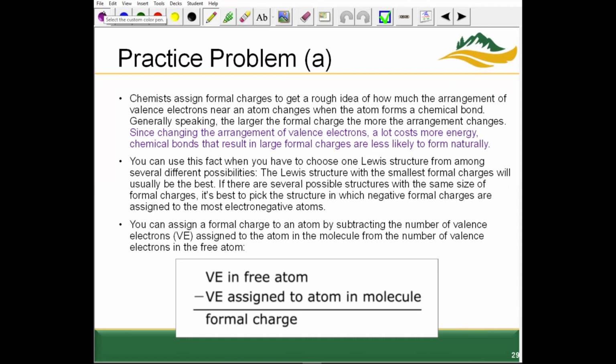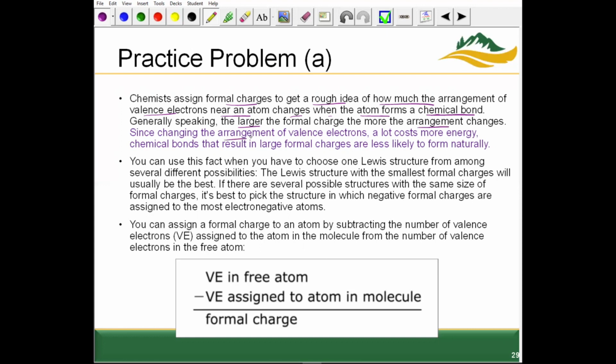For some additional context on Lewis dot structures and formal charges, we assign formal charges to get a rough idea of how much the arrangement of valence electrons near an atom changes when the atom forms a chemical bond. Generally speaking, the larger the formal charge, the more the arrangement changes.